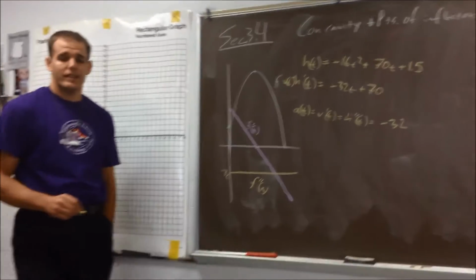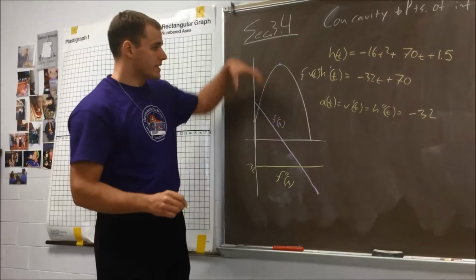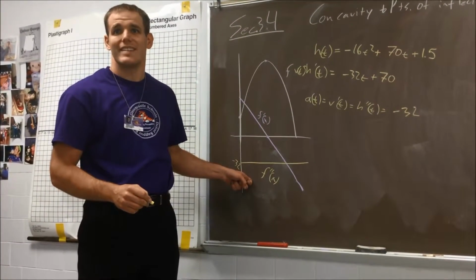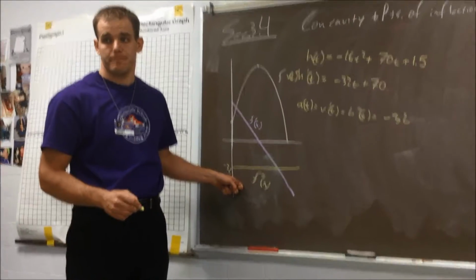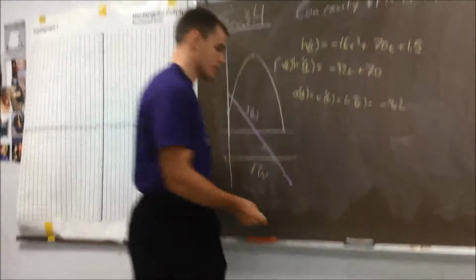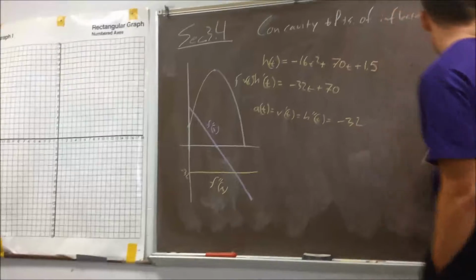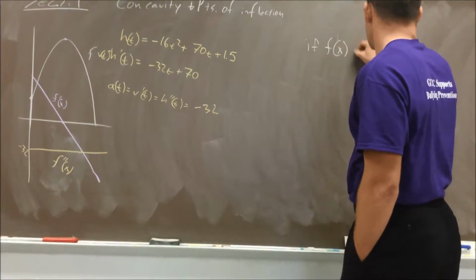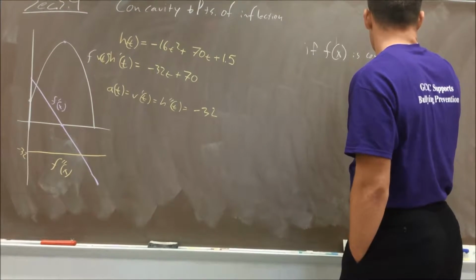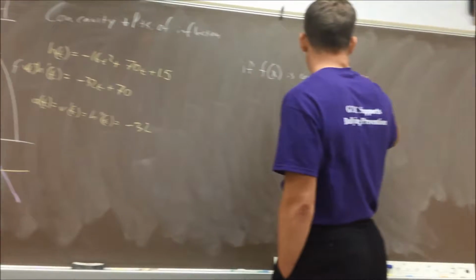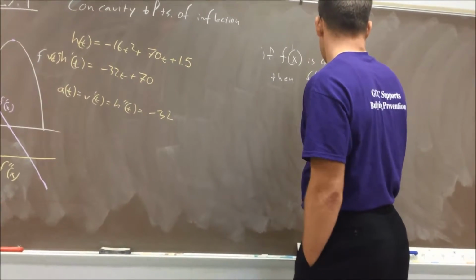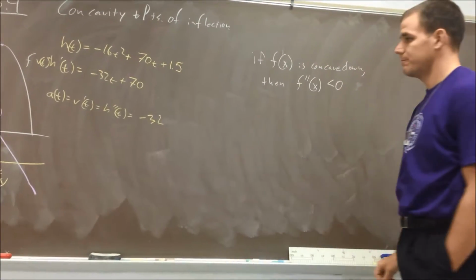So what this is telling us is, if it's concave down, the second derivative is negative. Okay? If f of x is concave down, then f double prime of x is less than 0.